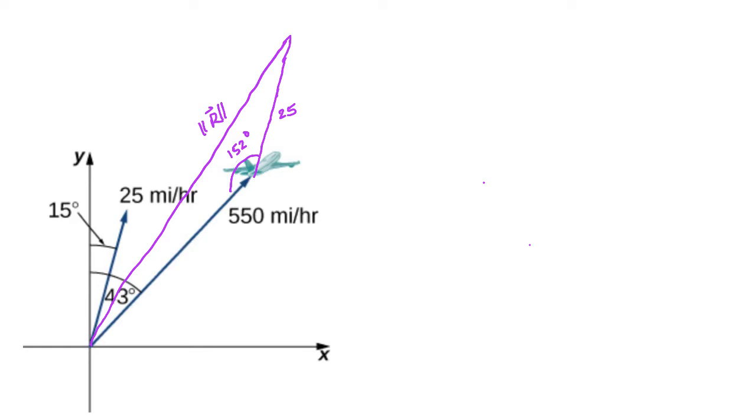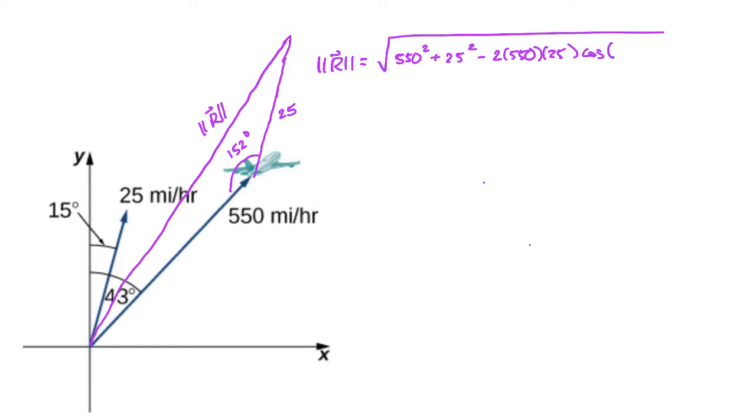We are then able to use the law of cosines to find the magnitude of our resultant vector. It will be the square root of 550 squared plus 25 squared minus 2 times 550 times 25 times the cosine of the angle between those two, which is 152 degrees, being the complement of our 43 plus our angle of 15 degrees for our wind vector.